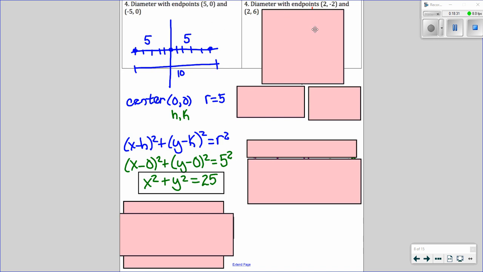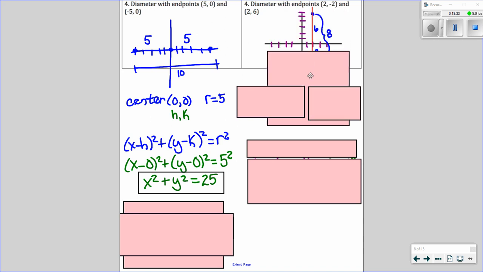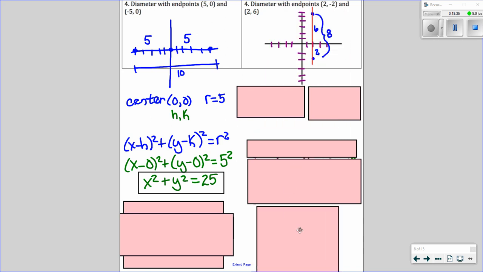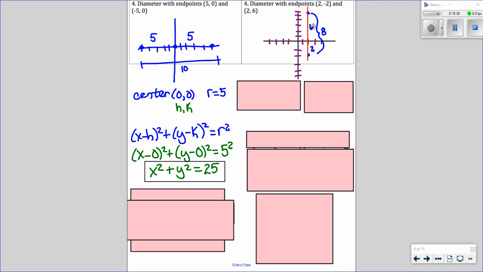So for this one, I just plotted on a little graph. And notice that the distance is 8, from this point to this point. I know half of 8 is 4, so I know that my radius is going to be 4.